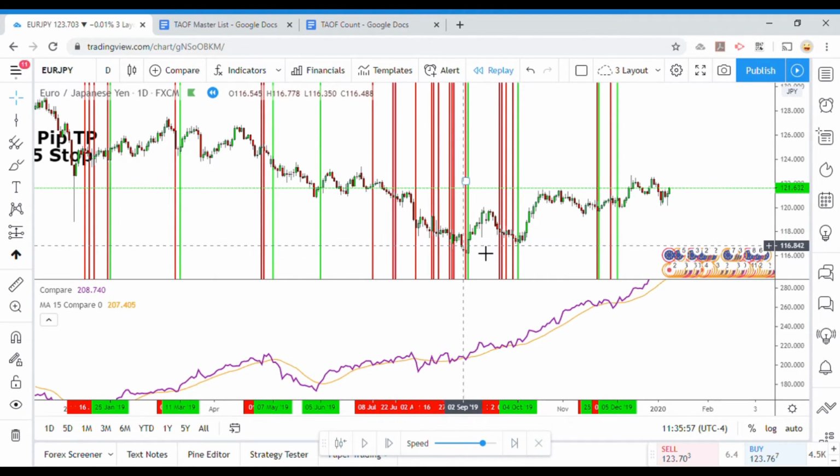It also appears to be maybe one of the worst indicators we've tested yet, but we'll see here in a second. 1, 2, 3, 4, 5, 6, 7, 8, 9, 10, 11, 12, 13, 14, 15, 16, 17, 18, 19, 20, 21, 22, 23, 24, 25, 26, 27, 28, 29, 30, 31, 32.